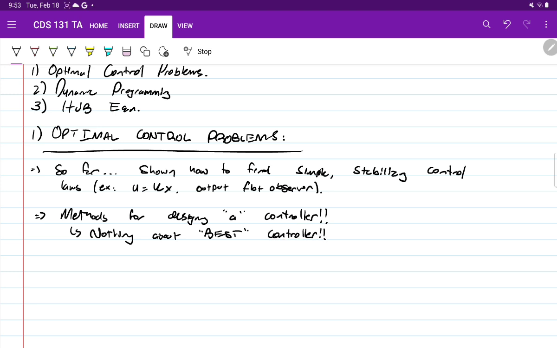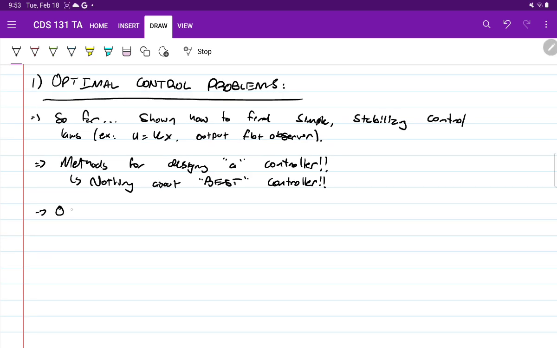So this business of figuring out what the best possible controller for your system is, given some sort of design criteria or some nice specification of what best means, this is the business of optimal control. Okay? So basically, the idea of optimal control is you pose the control design problem as an optimization problem.